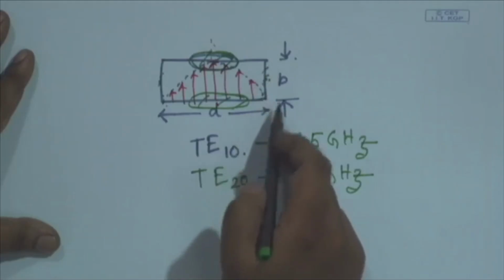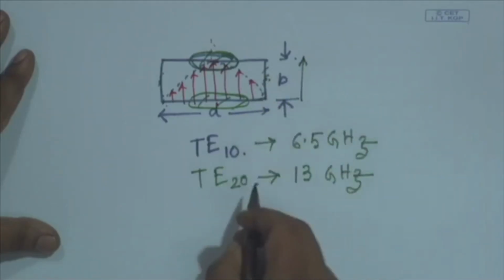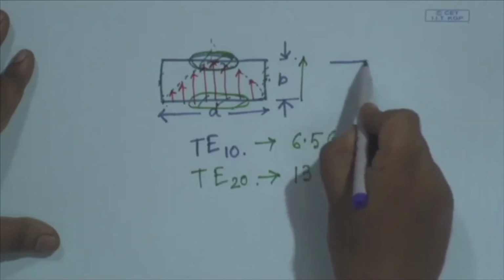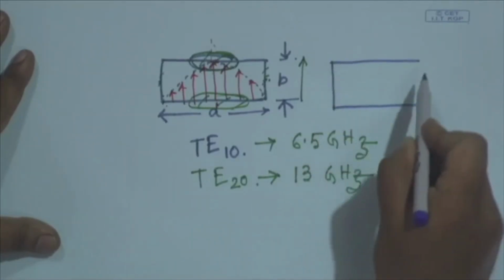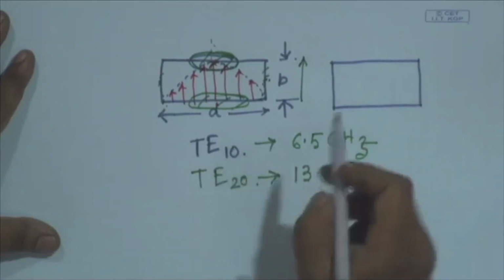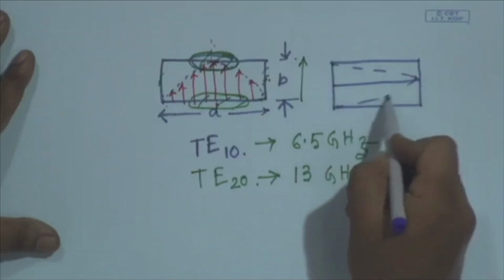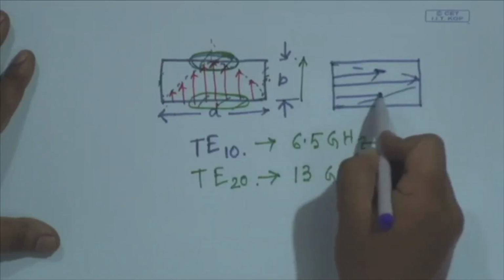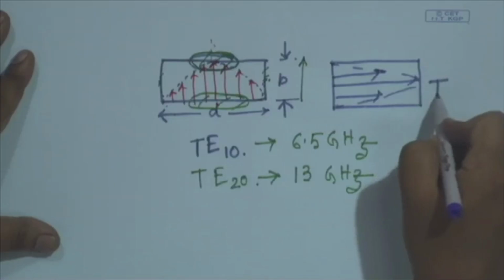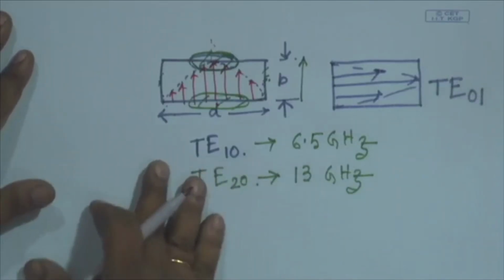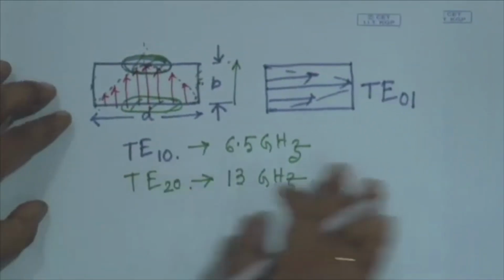Now, what about the perpendicular dimension? If we keep on increasing frequency, then we may also have a TE like mode in this direction. So, let us call this mode TE01 mode, since it is in the perpendicular direction.